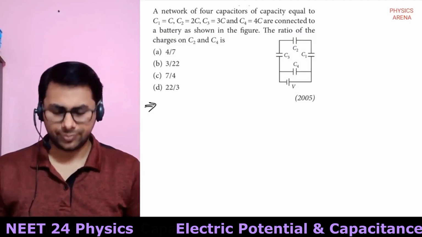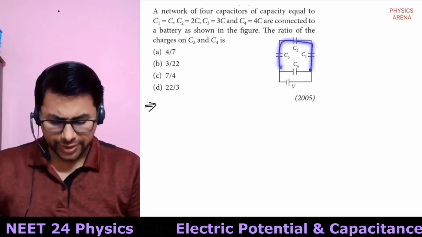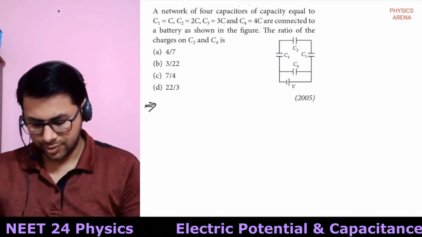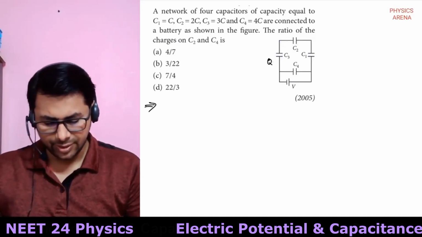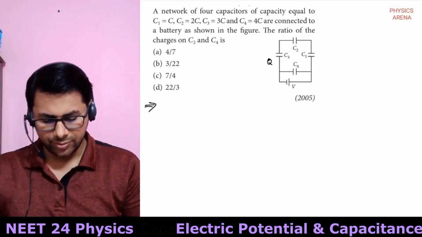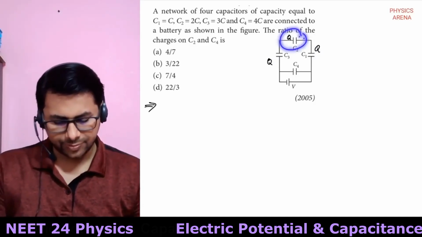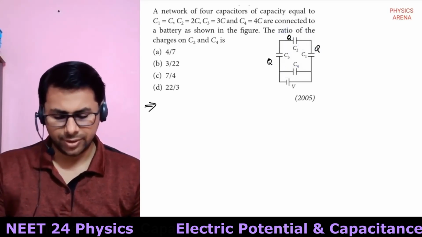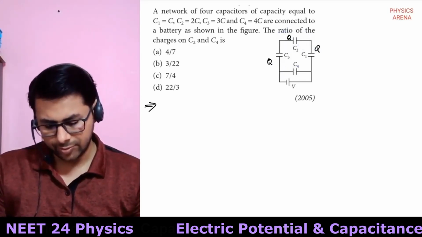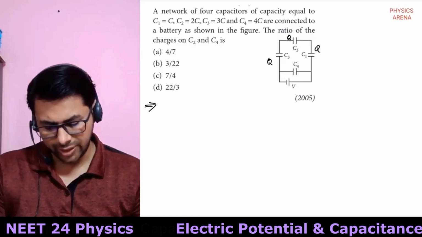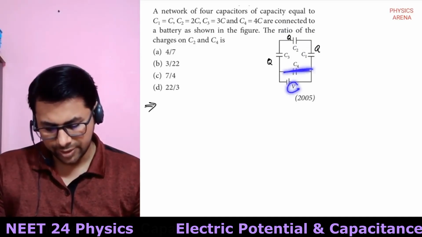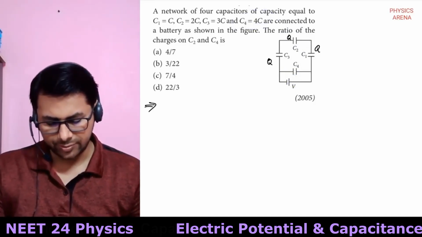What can we do? See, we know in case of series combination, charge is equal, right? So if there is some charge Q here, same will be here, same will be here also. Okay. We want charge on this one and charge on this one. So what we can do is, potential is given, potential is V. This capacitor C4 is 4C.